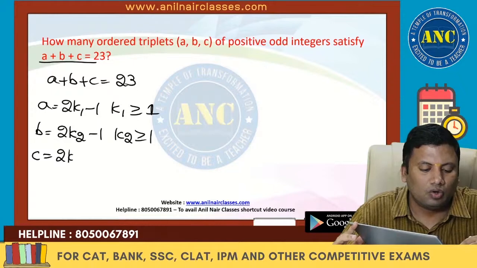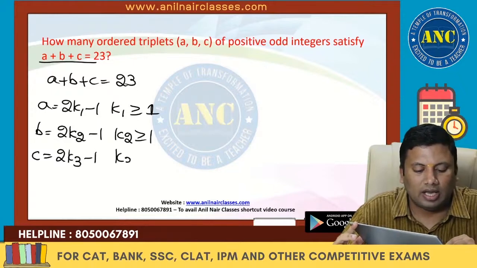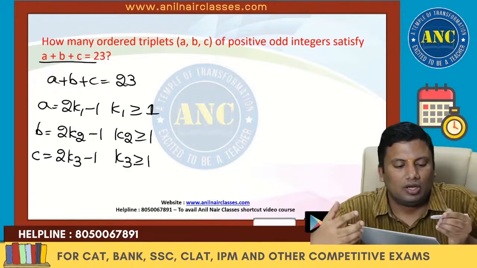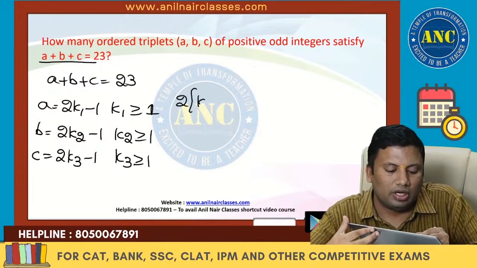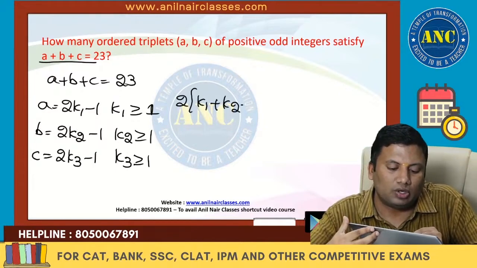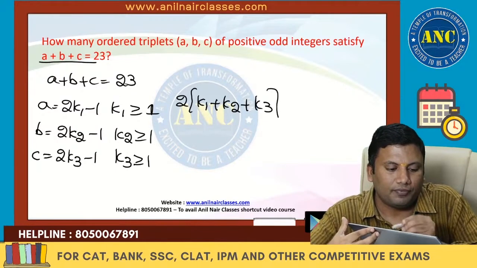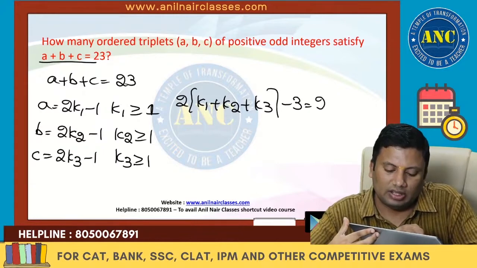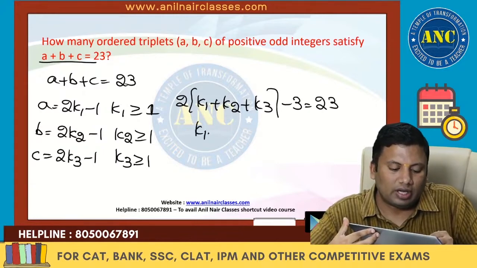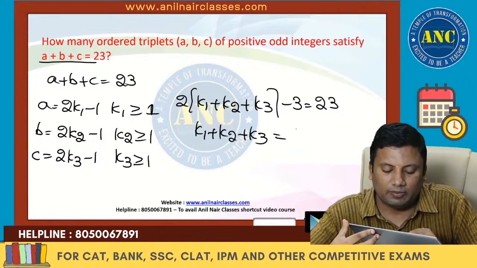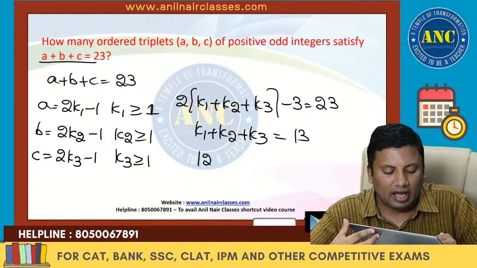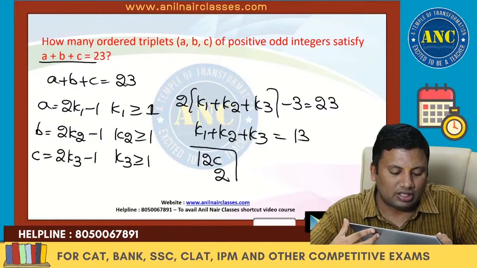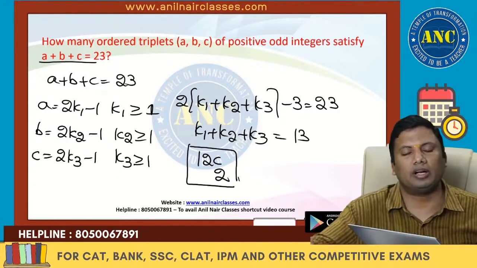C is 2k3 minus 1, k3 greater than or equal to 1. So 2 into (k1 plus k2 plus k3) minus 3 is 23. So k1 plus k2 plus k3 is 26 by 2, which is 13. Answer is 12C2.